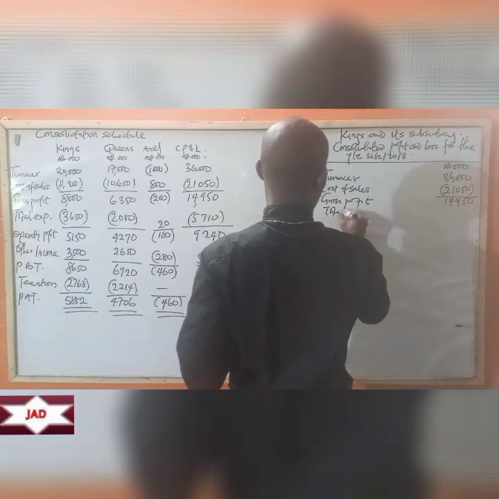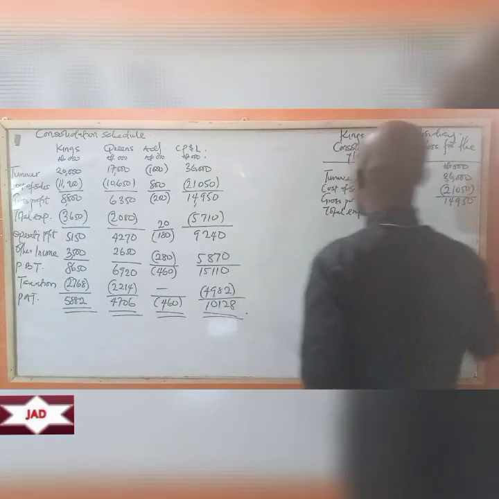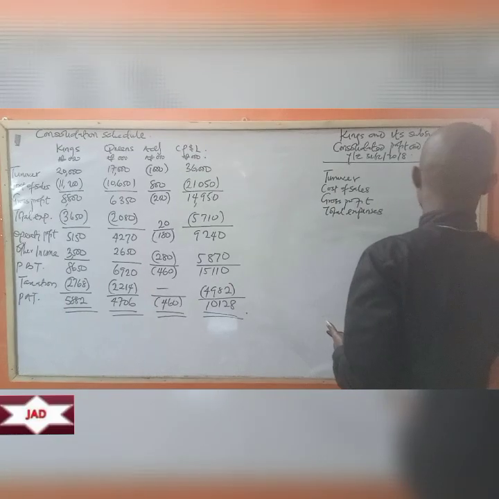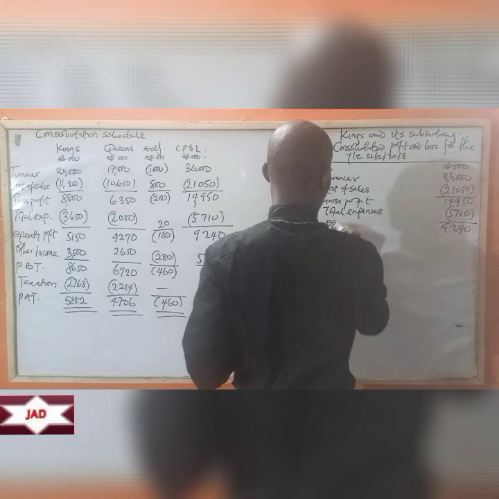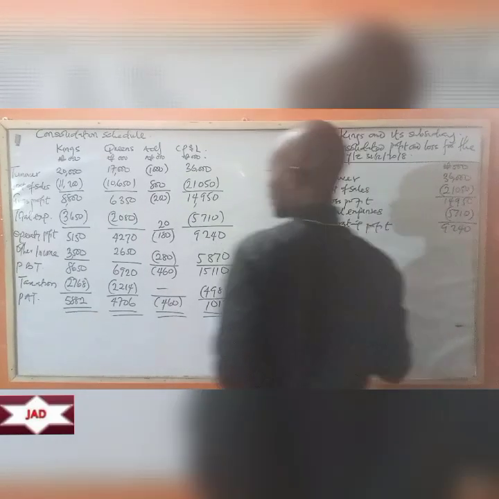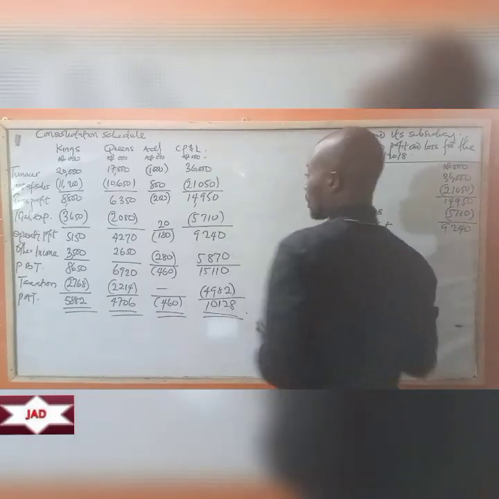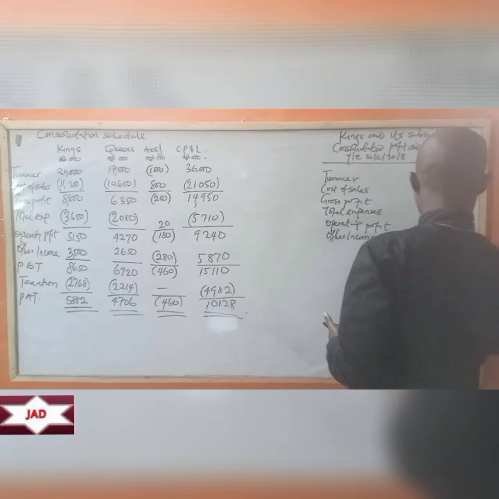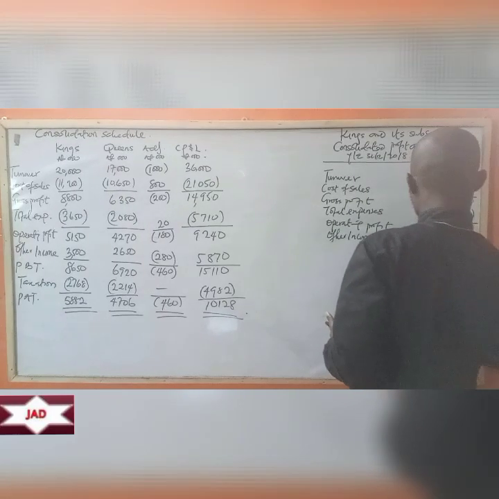Total expense is 5,710. What do you have? 9,240. So this is the operating profit. And we have other income. What's the other income? 5,870. So what do you have? 15,110.